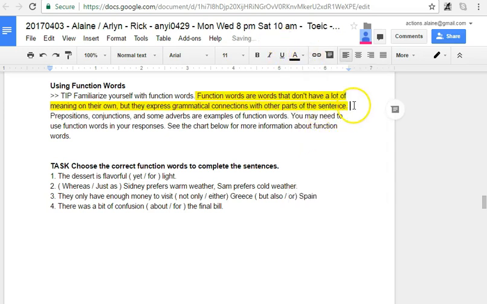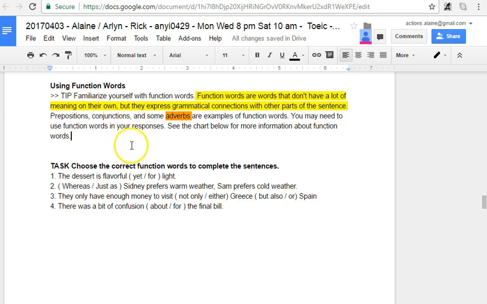Prepositions, conjunctions, and some adverbs are examples of function words. You may need to use function words in your responses. See the chart below for more information about function words.